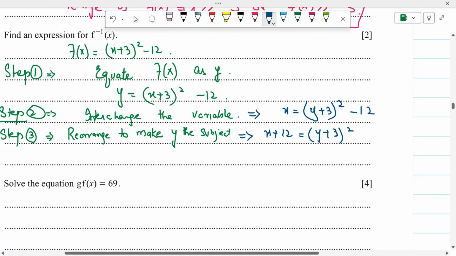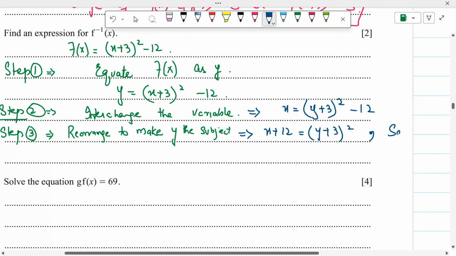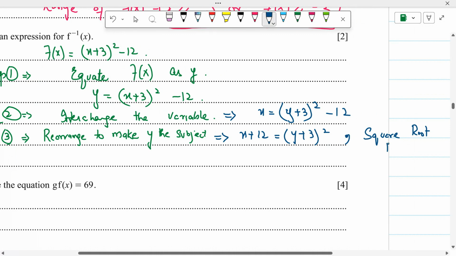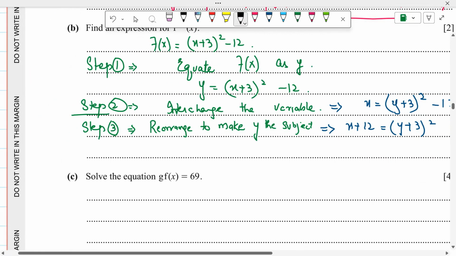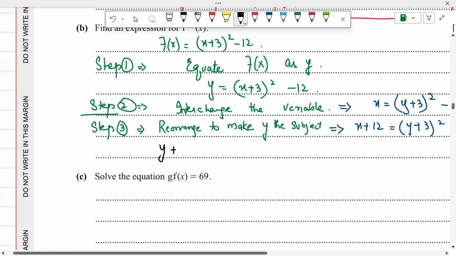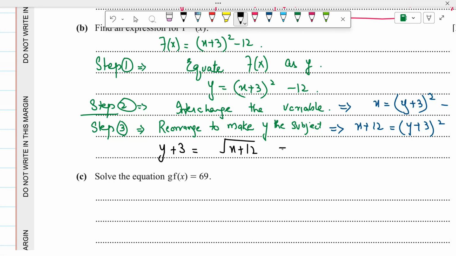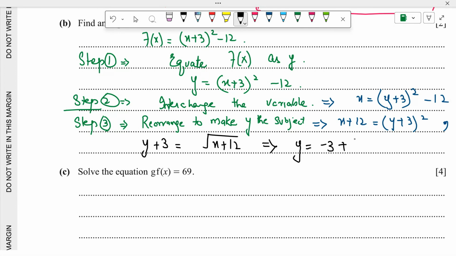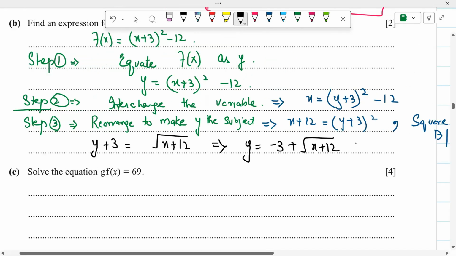Now taking the square root of both sides, we have y plus 3 is equal to the square root of x plus 12. When we switch 3 to the right side, we have y equal to negative 3 plus the square root of x plus 12, and this is f inverse of x.